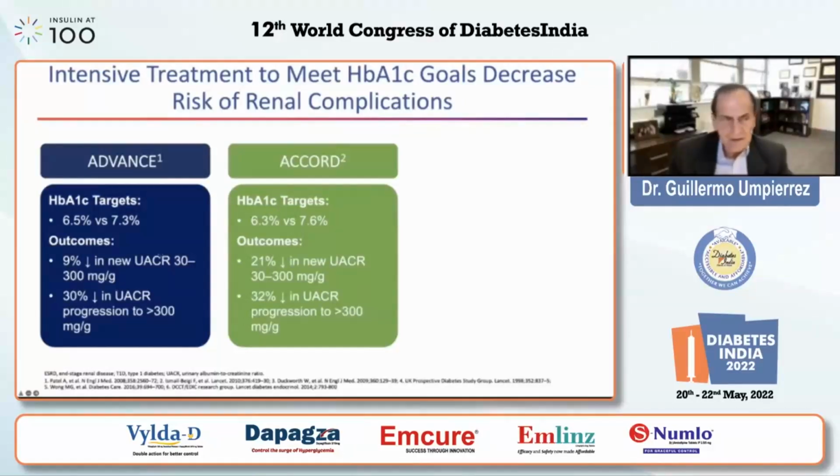Similarly to the ADVANCE trial, you have a significant reduction in urinary albumin creatinine ratio and, more importantly, progression from micro to macroalbuminuria.